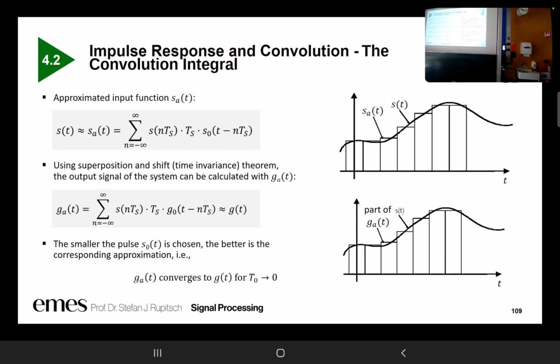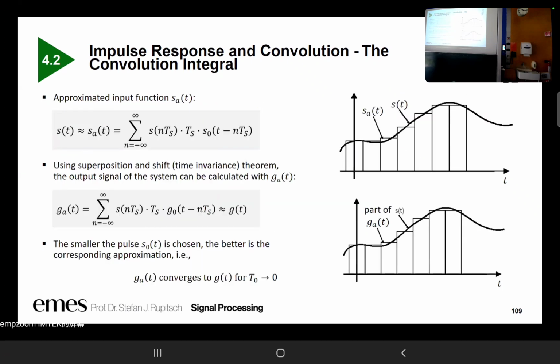Okay? Are there any questions? Yeah, fine. This is a very important step in understanding basic things of signal processing, where we usually approximate all these things.